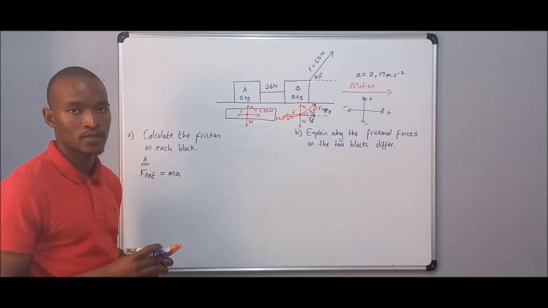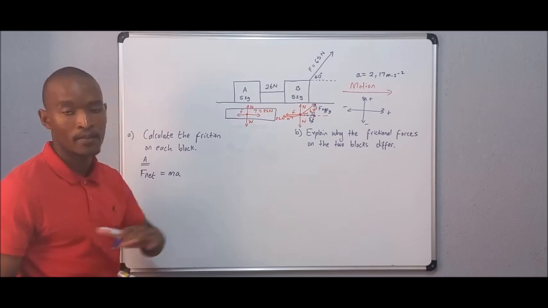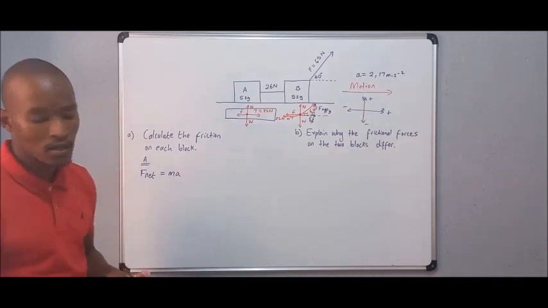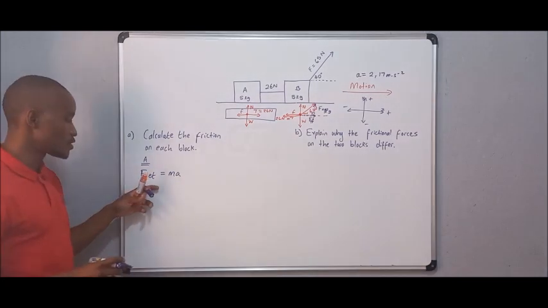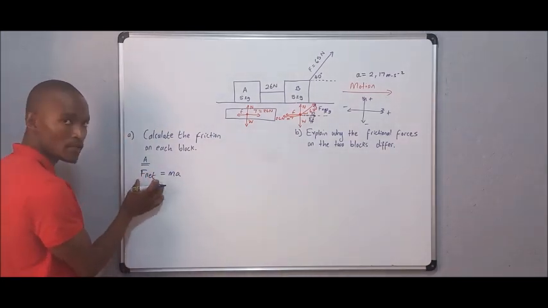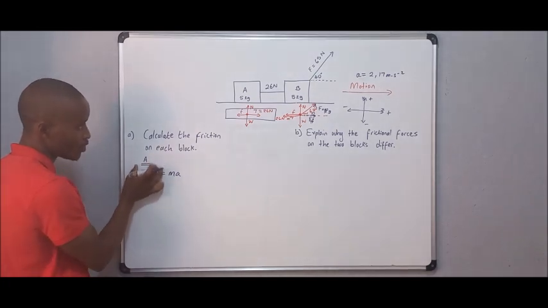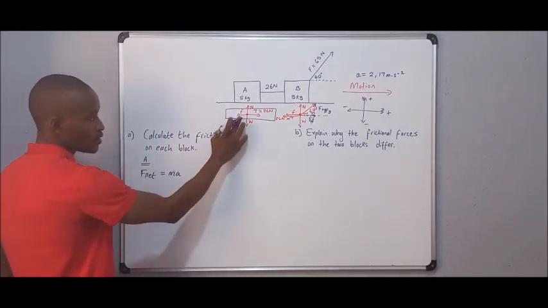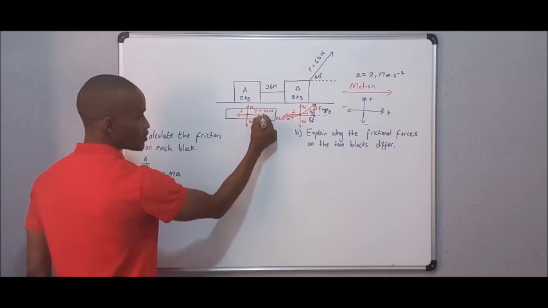And with some vectors, obviously, according to their direction or their dimension in which they exist. So that's the net force. What are the forces that are contributing to the net force on block A? There are two of them. One to the right is positive, one to the left is negative.